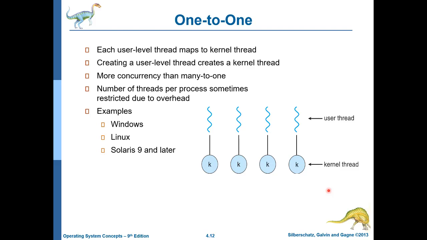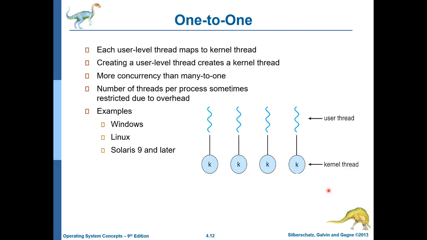Whenever you create a user level thread, a kernel level thread is automatically created for it. It has more concurrency as compared to many-to-one. In many-to-one, only one kernel thread can be executed at a single time, so the concurrency was limited. Here, because each user thread has a different kernel thread, multiple threads can be executed at the same time on multiple cores.